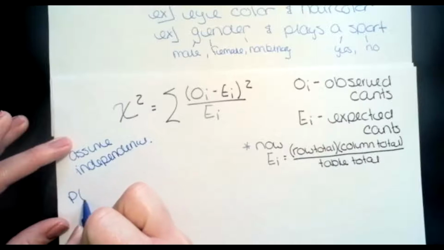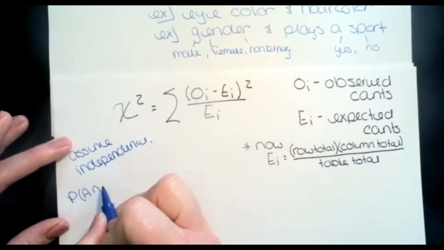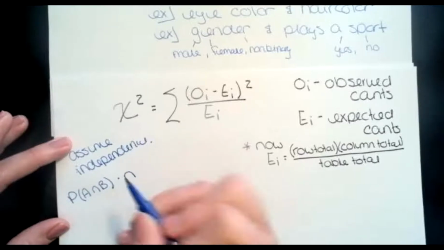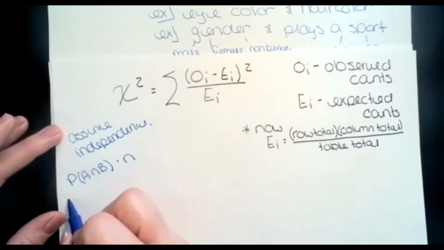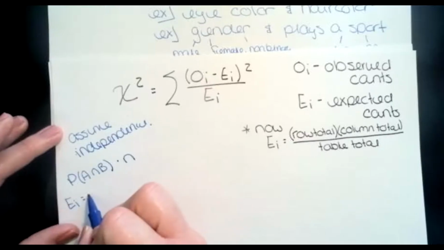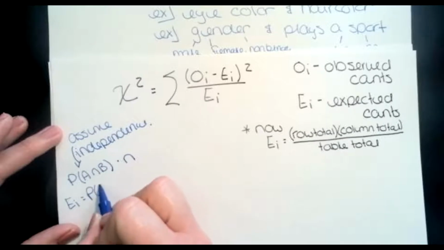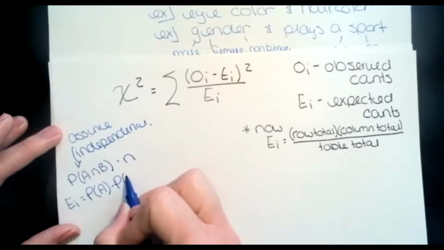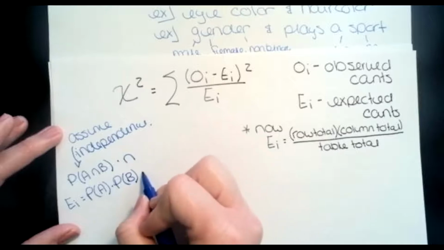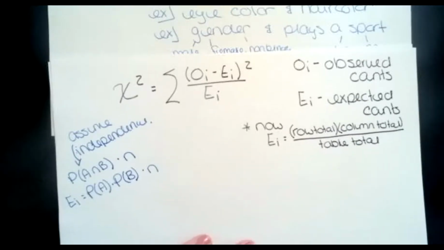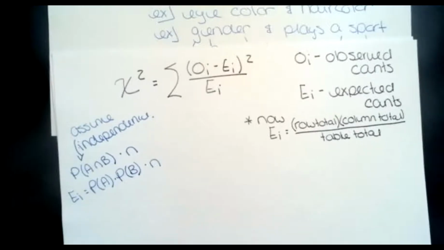And if we looked at the probability of A and B, we're going to multiply that by n, okay? That's what we're doing here. And so E sub i is really, if we're assuming independence here, the probability of A times the probability of B times n. And that's what's going on here. Okay? And this is done for each cell in the table.